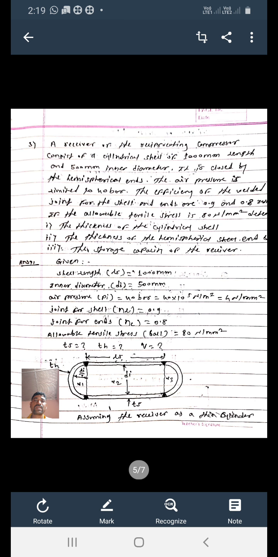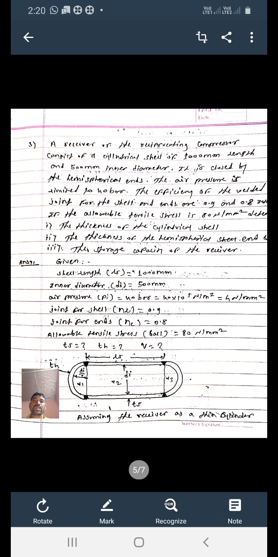Then next see the efficiency of the welded joint for the shell and ends. Both efficiencies are given. Don't assume the efficiency here. Shell efficiency and end efficiency: NL is equal to 0.9 and NC is equal to 0.8. And last, the allowable tensile stress is given as 80 Newton per mm square.